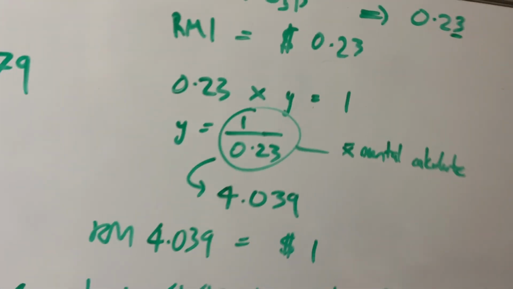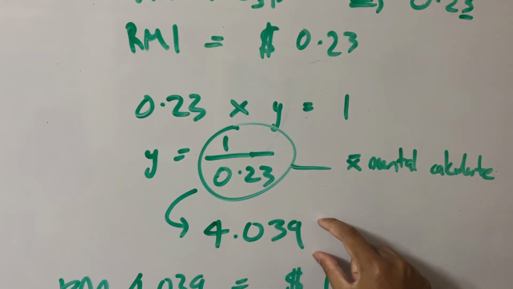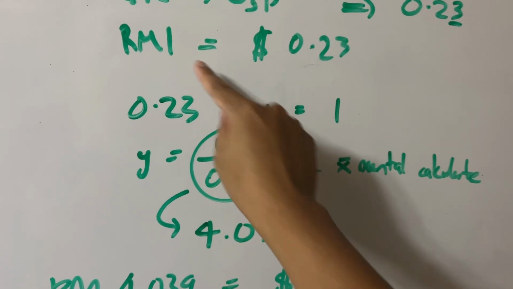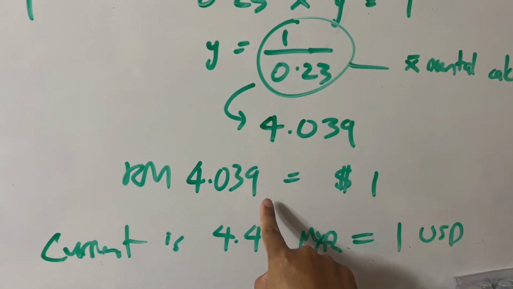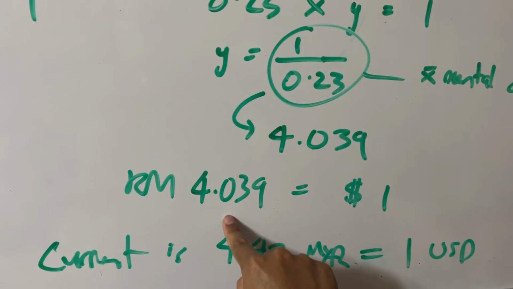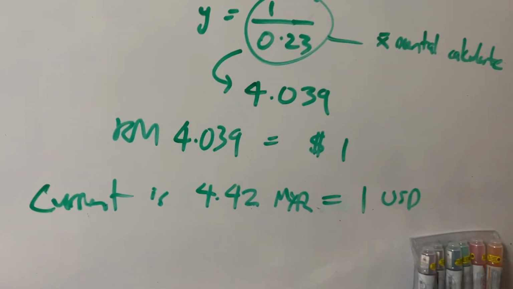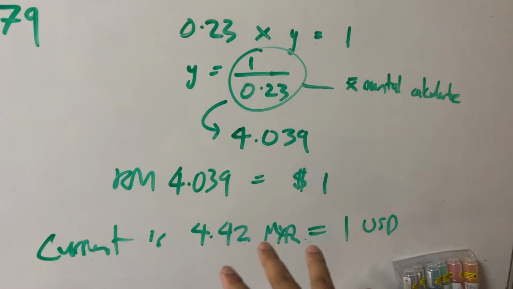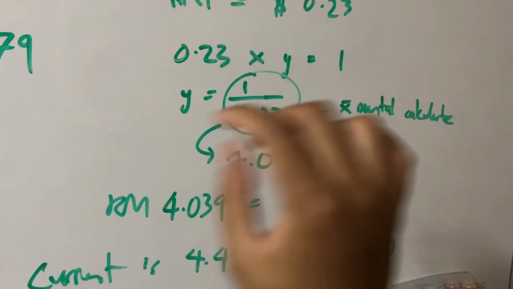So now we multiply 0.23 with this, and then we multiply 1 ringgit with the same multiplier. Now we get 4 ringgit and 4 cent equal to $1. So that's how you convert from a bigger currency to a smaller currency.